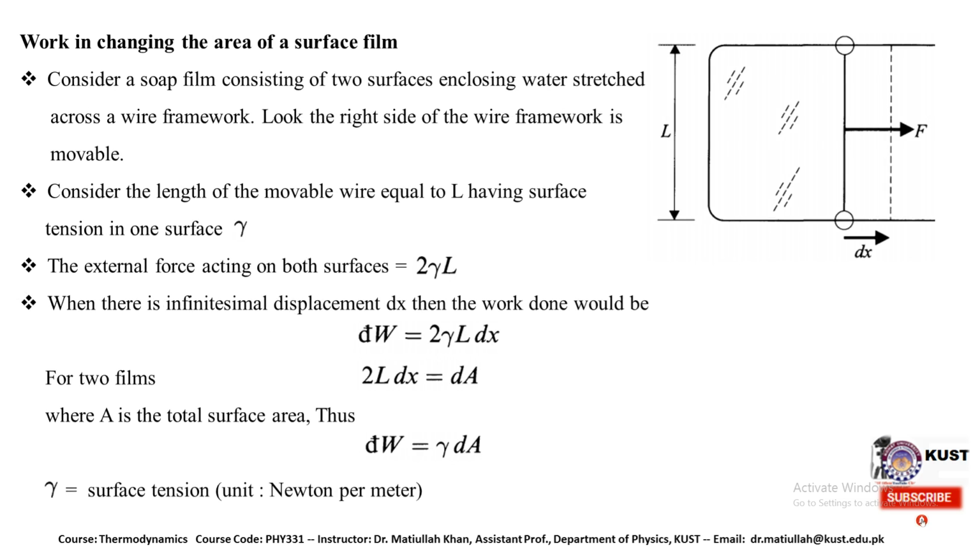The other is a two-dimensional system, and that is work done in changing the area of a surface film. For that purpose we consider the area of a soap film consisting of two surfaces. Here in the figure is shown the area of the soap film, and its length is represented by L. The soap film, consisting of two surfaces enclosing water, is stretched across a wire framework.